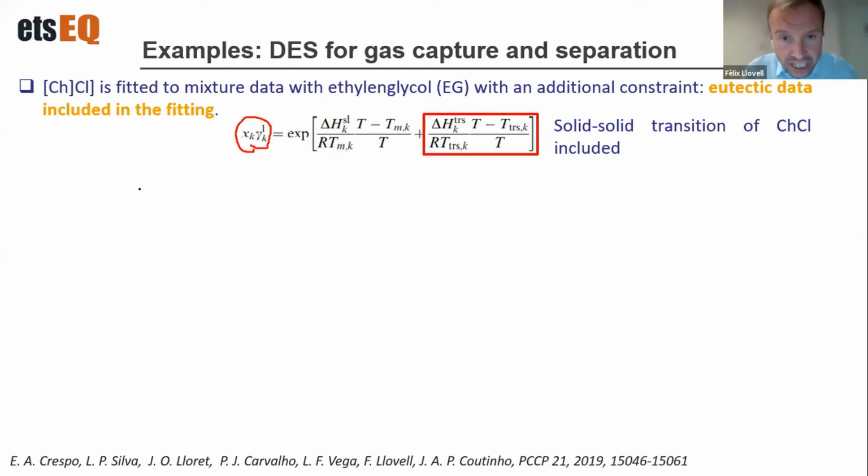In this particular case, it is important to mention that choline chloride exhibits a solid-solid transition that must be included if one wants to obtain a good description of the solid-liquid equilibrium line.